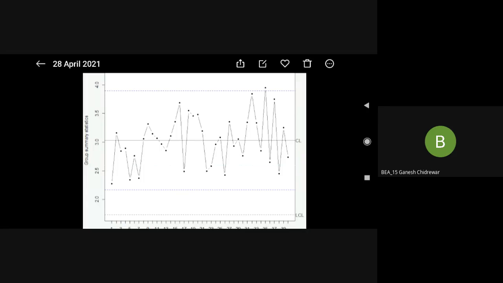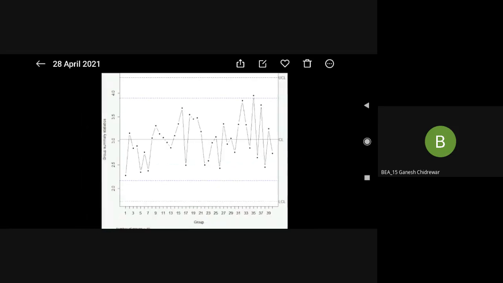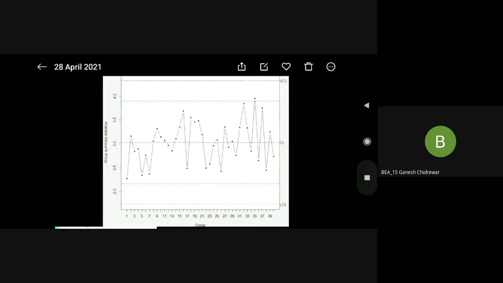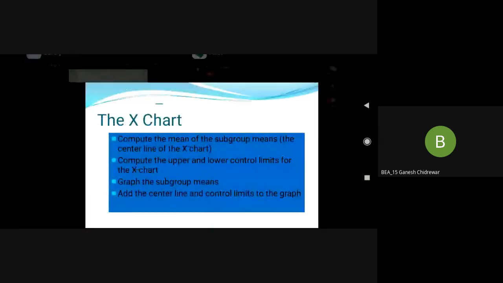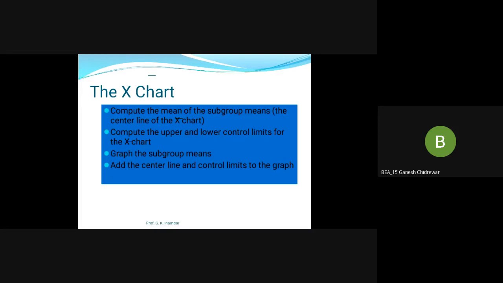In that also the same graphs are there, and we have to check and analyze those graphs. According to the graph, controlling with the help of different statistics is very easy and effective. For that purpose, these types are important.